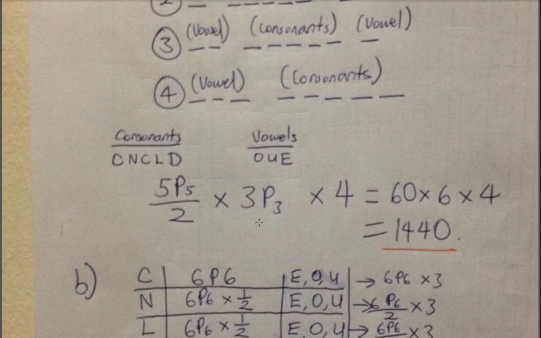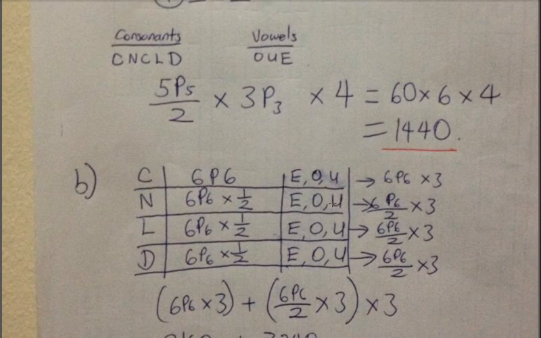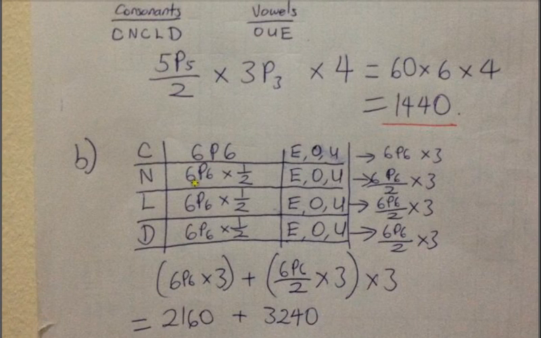Part B. We want to calculate the number of permutations beginning with a consonant and ending with a vowel. So I place a simple table like this. We may start with a C, an N, L, or a D, and we need to end with either an E, O, or U. So if we start with C, the permutations will be 6 permutate 6.